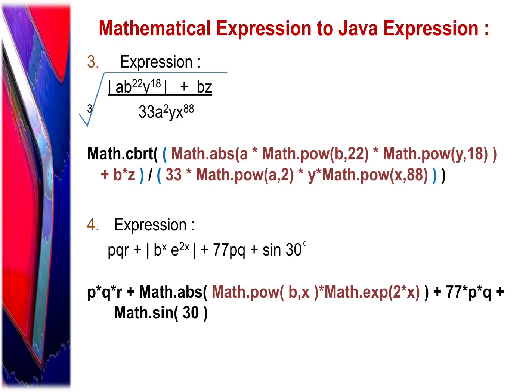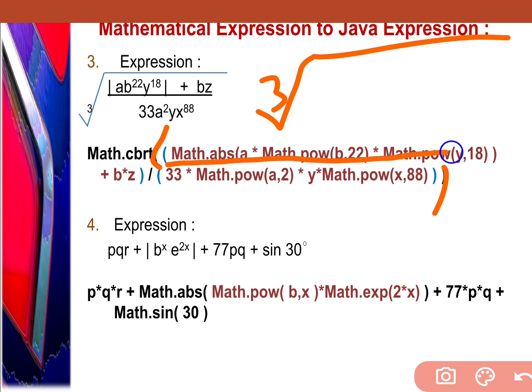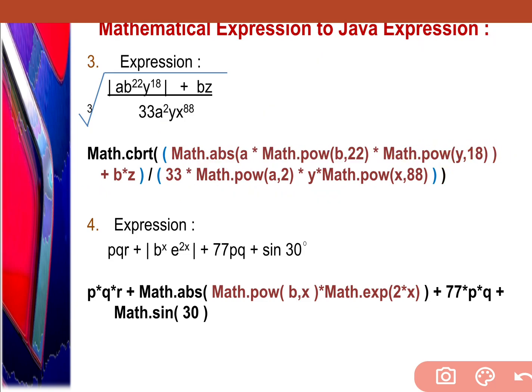See, the third one. Now I'm using cube root. See, everything is present inside the cube root. That's why I had written the whole bracket here. Again, see the numerator part. We have to see the numerator part first of all.